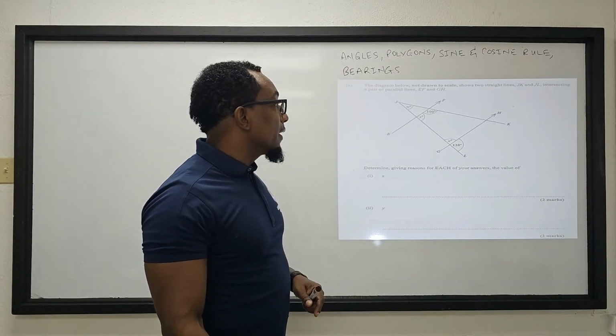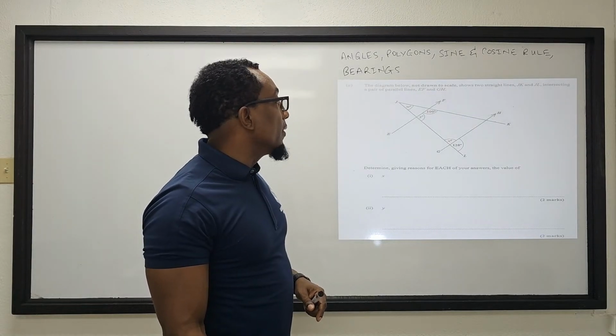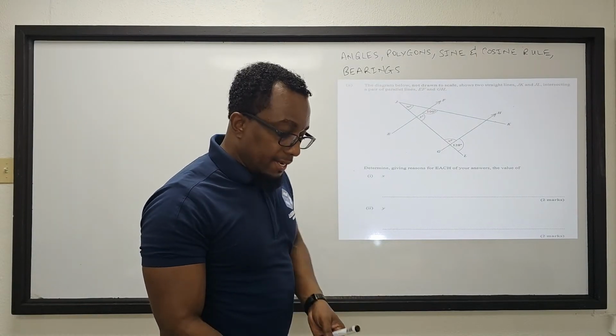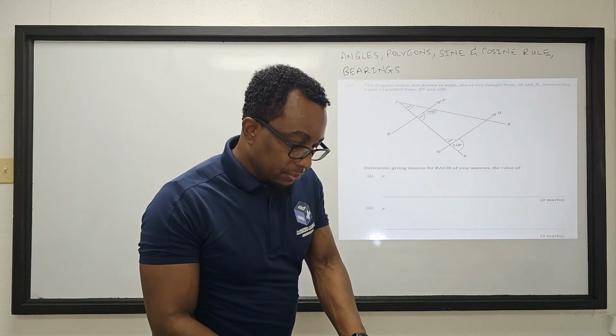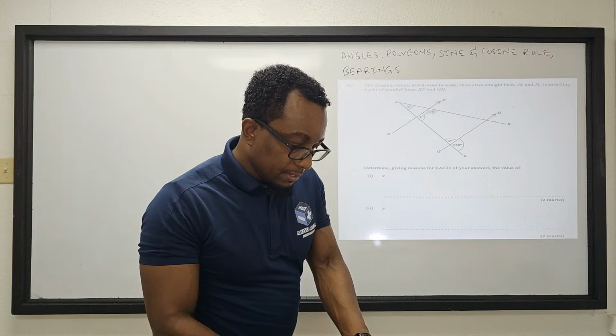Determine, giving reasons for each of your answers, the value of x. We have to find y, and we also have to find z. So let's look at that question and see how to deal with such.